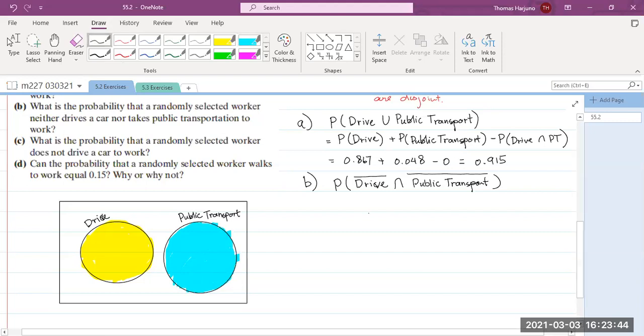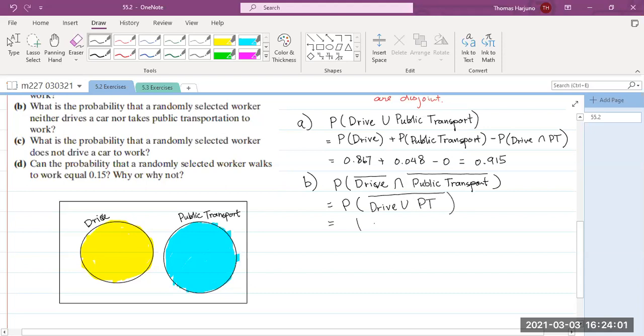So this is actually equal to the probability of outside of either one of those two, outside of driving or public transport.